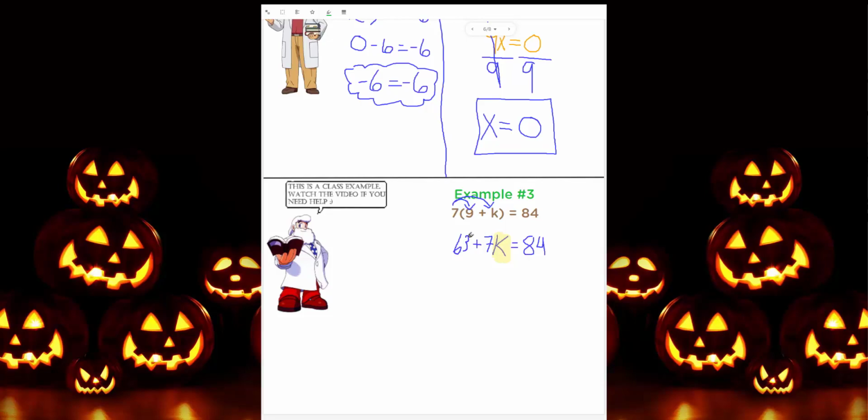So let's cancel out this 63. The 63 here is positive, so you can think of it as addition. And if we want to make it 0, what we will do is the opposite and subtract 63 from both sides.